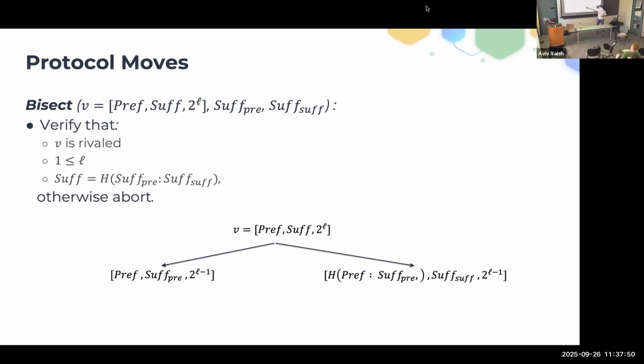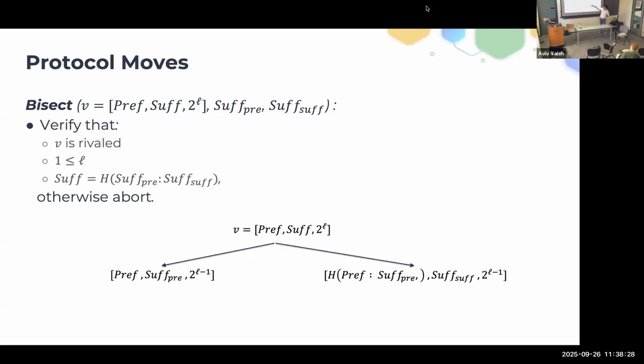Let's assume that that suffix is really the commitment to the correct sequence, S1 to Sn. In this case, if these checks passed, then assuming that the hash function is collision resistant, and that Suf is really the commitment to the honest sequence, it must mean that this Suf pre is the commitment to the left half, and this is the commitment to the right half.